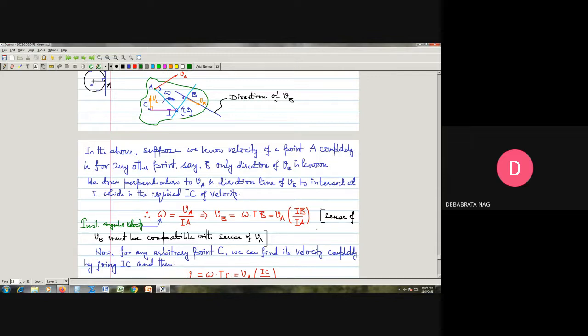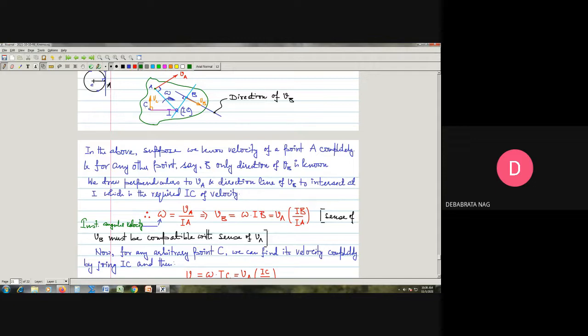Therefore, if we know this velocity, from there we can very easily calculate the velocity of point B. Magnitude, sense, direction, everything we can find out very easily. Now it will be our duty to take any other arbitrary point other than the points A and B on the body.